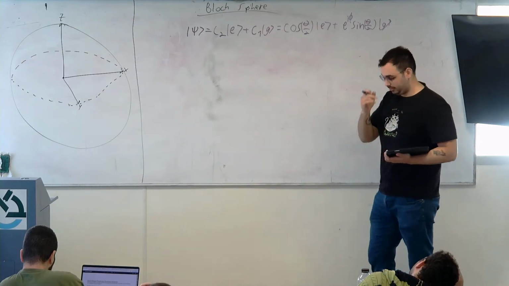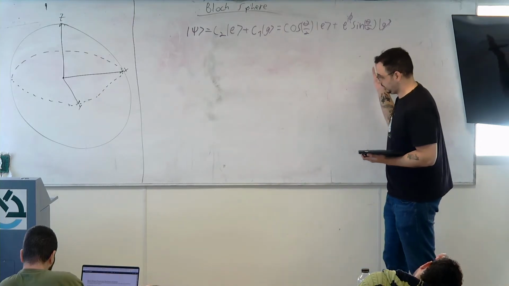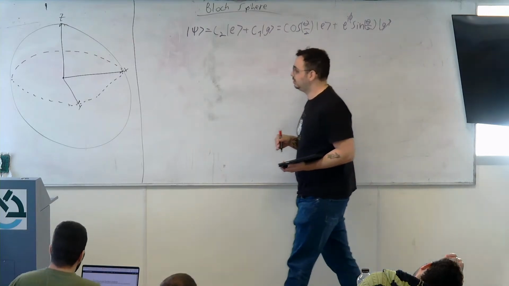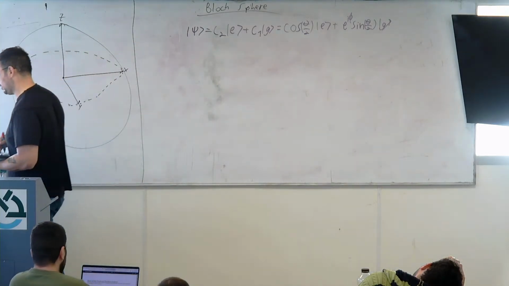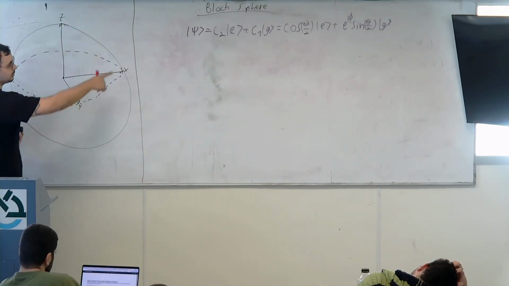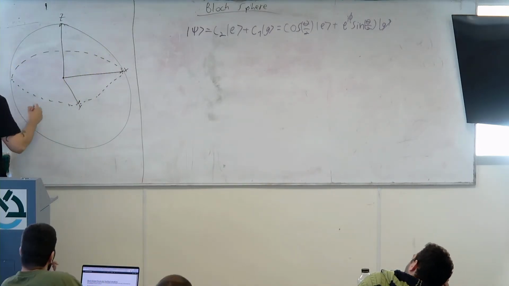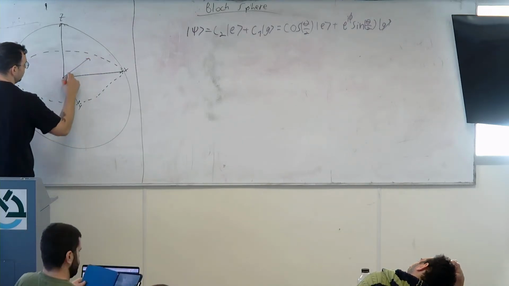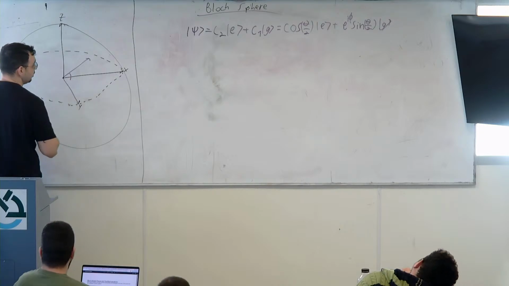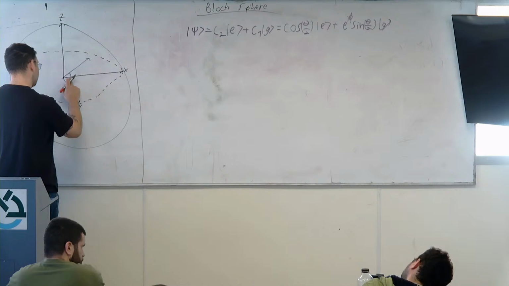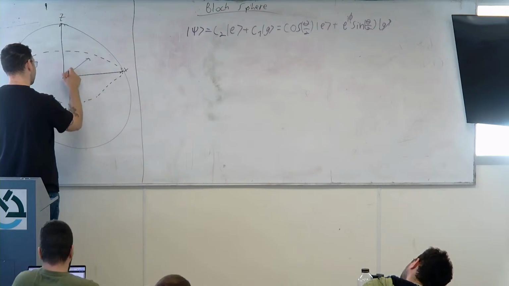We saw that every occupation state can be written like so, where the two angles correspond to an angle on a Bloch sphere. So if I write some arbitrary state, I can also draw it on the Bloch sphere, where we measure this angle from the z direction.